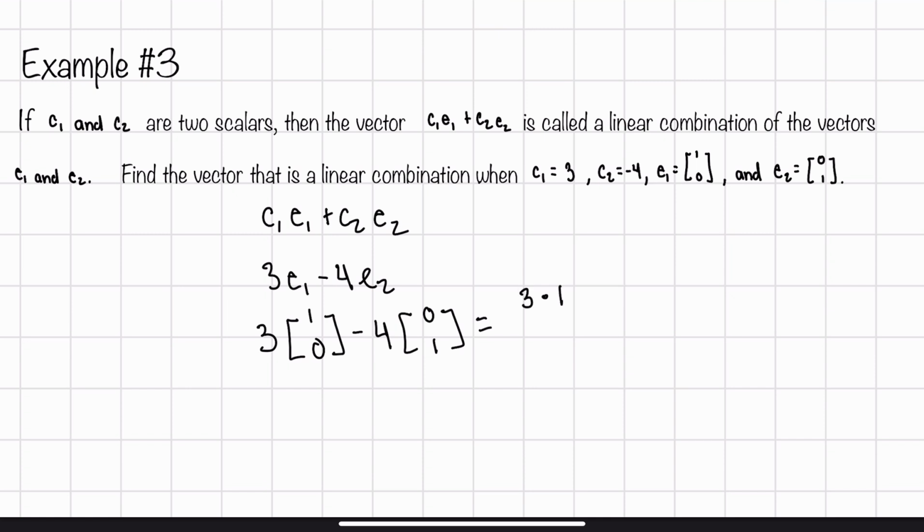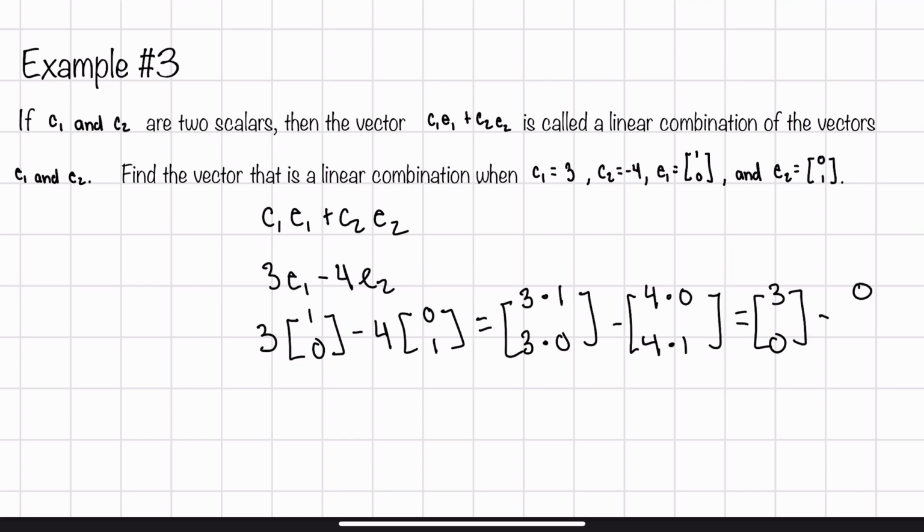We would multiply 3 times 1 first, and then 3 times 0, and then subtract that from 4 times 0 and negative 4 times 1. And then we would get 3 and 0 minus 0 and 4. So our linear combination of vectors would equal 3, negative 4.